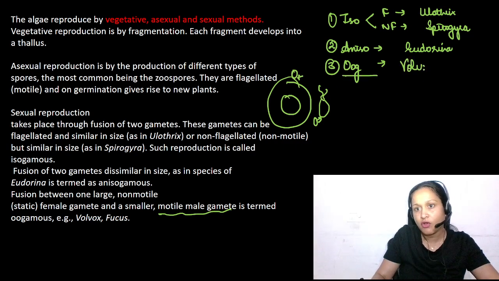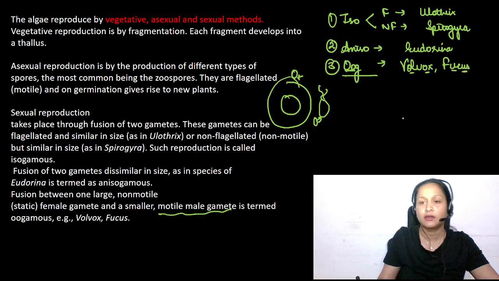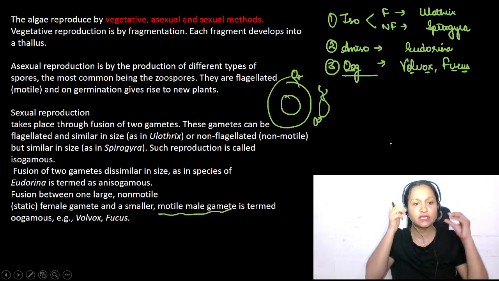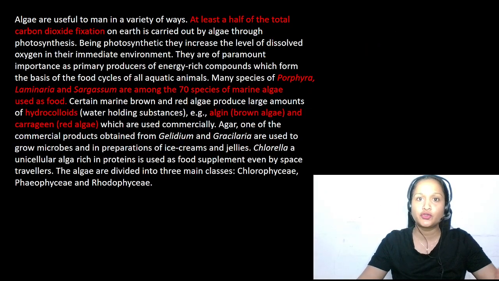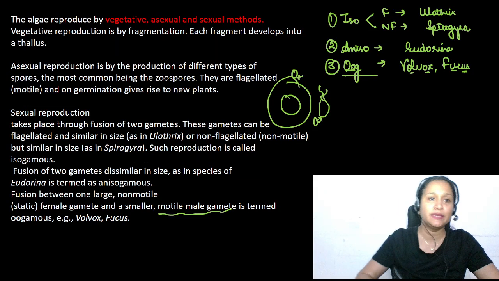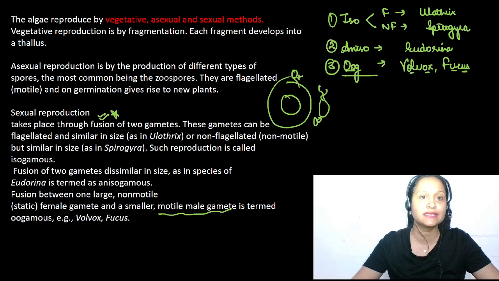Example is Volvox and Fucus. So remember, two O are here, two O are here, two U are here. Volvox, Fucus. This way you can remember oogamous type of reproduction. Clear? So this paragraph is quite important. Many questions came from this paragraph in the previous year NEET exam.